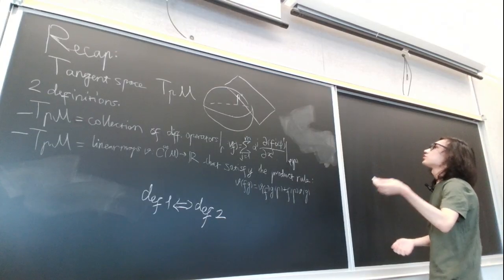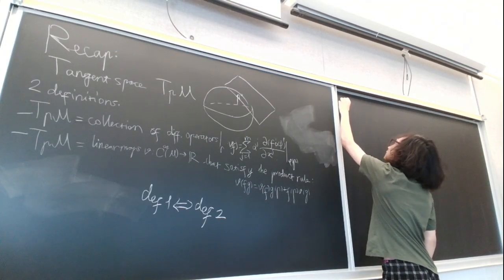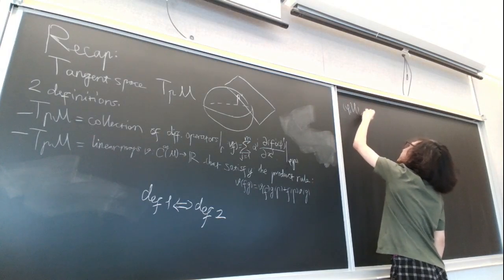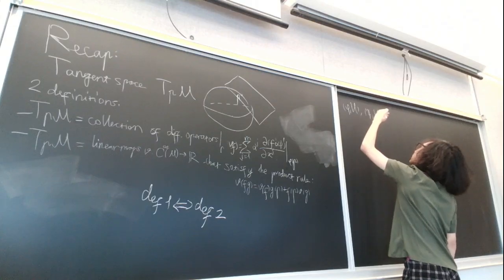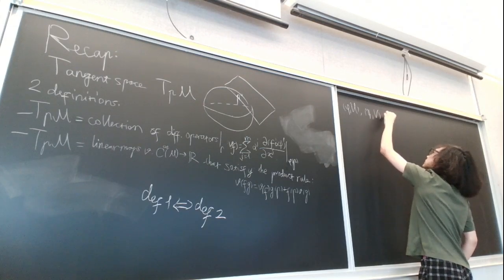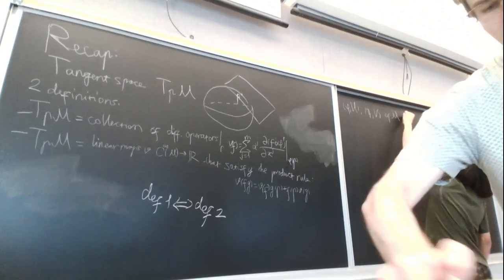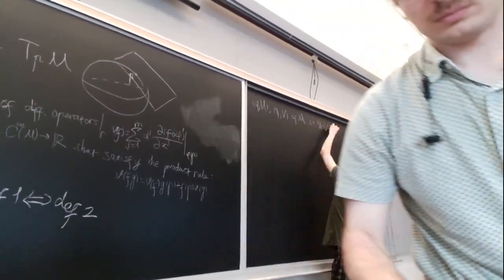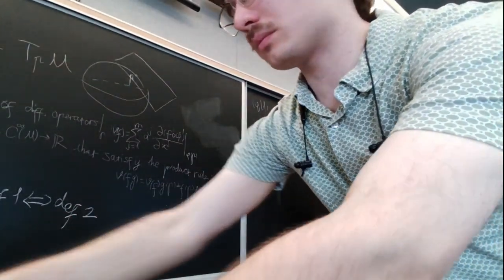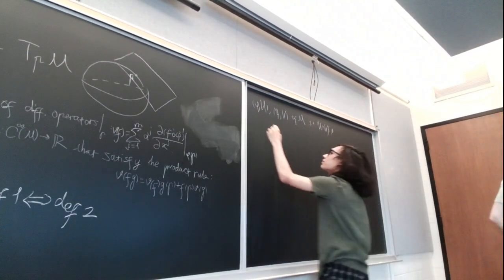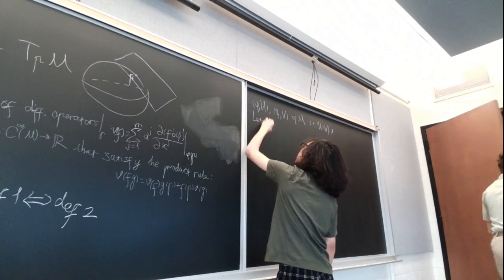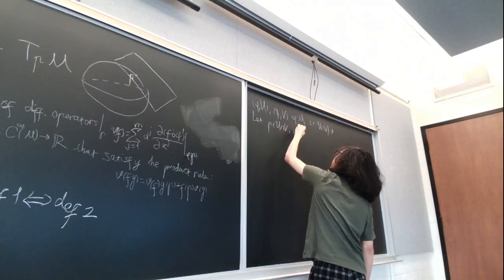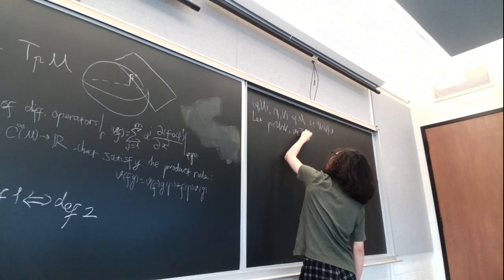So suppose that we have some charts on a manifold, phi on U and psi on V of M, such that we have some overlap, right? The intersection is not equal to the empty set. So let p be in this intersection of U and V, and let v be a tangent vector in T_pM.